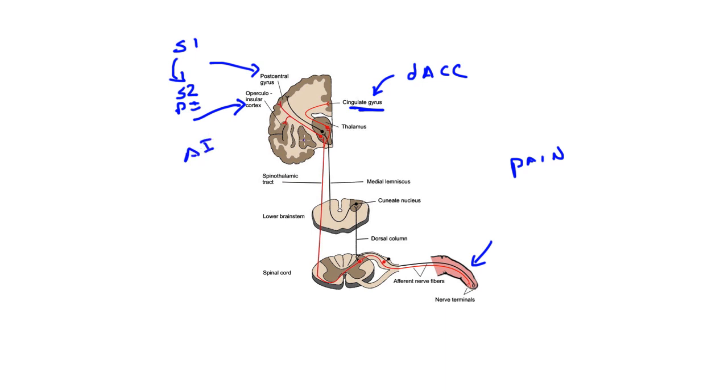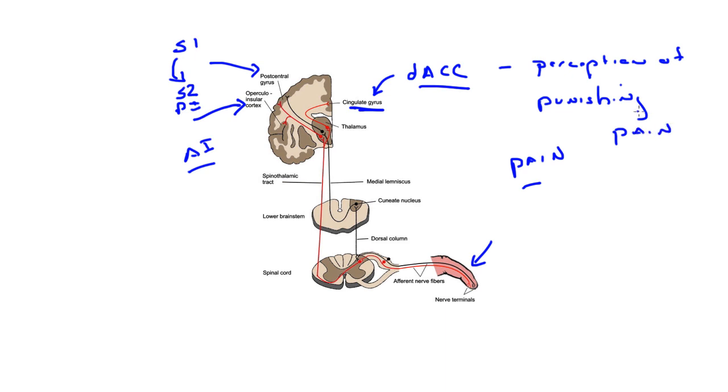And I'm going to show you, we'll talk a little bit about the data, that the anterior insula and the dorsal anterior cingulate cortex are elemental, fundamental to the perception of agonizing pain, perception of punishing pain. So the kind of pain that works to keep you from doing stupid things more than once.